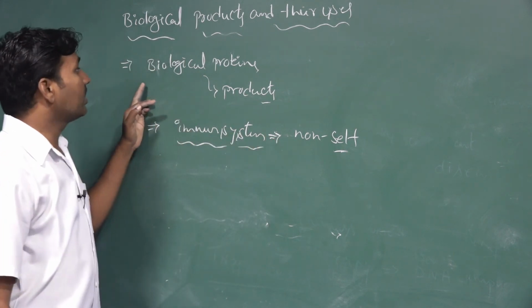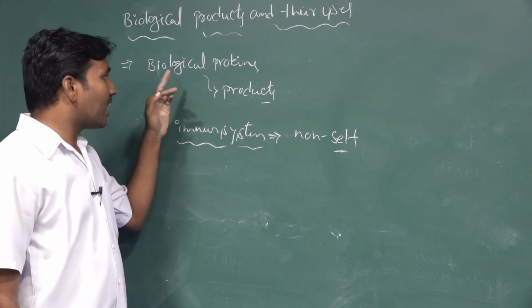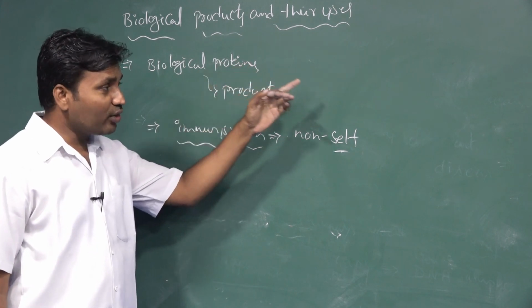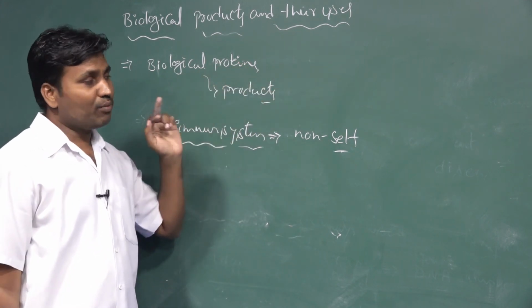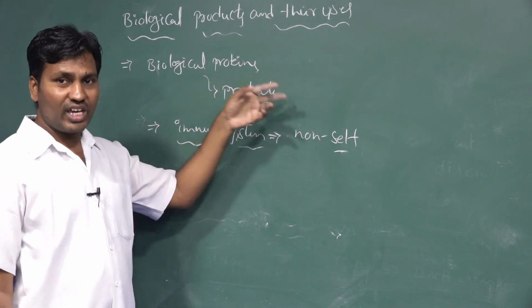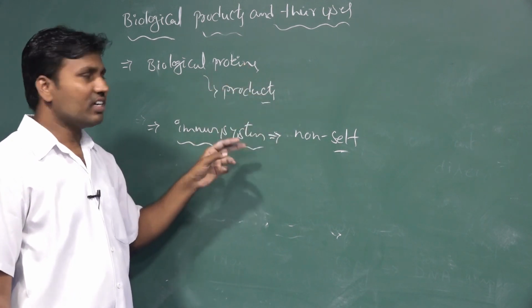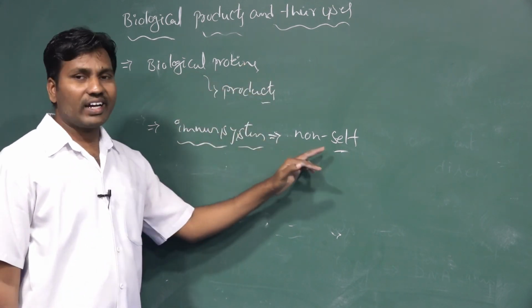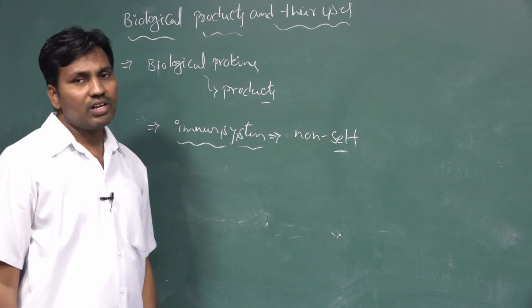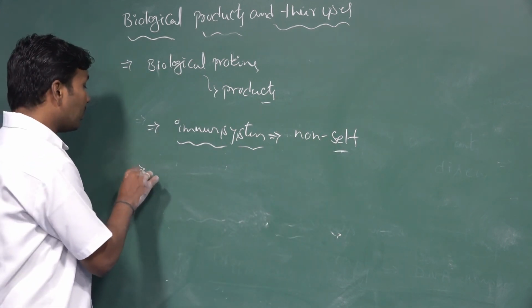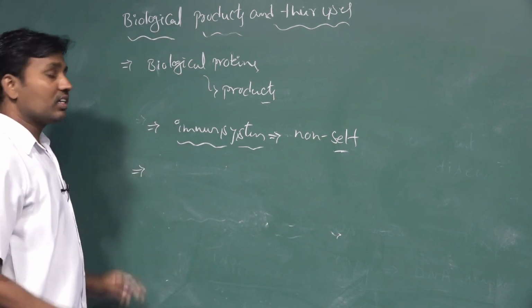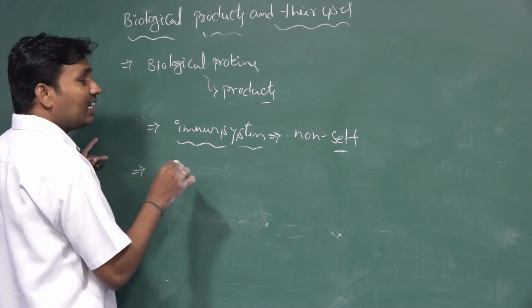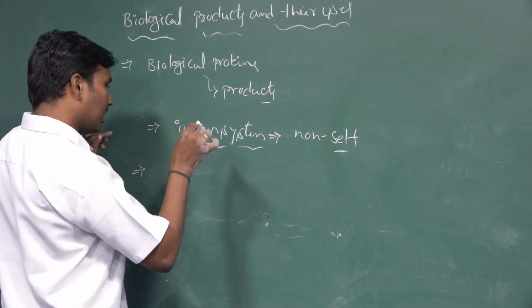But in this case, the biological products, whatever we produce, monoclonal antibodies, hormones, insulin, enzymes, are not recognized as non-self materials. So we use these biological products in the treatment of different types of diseases.